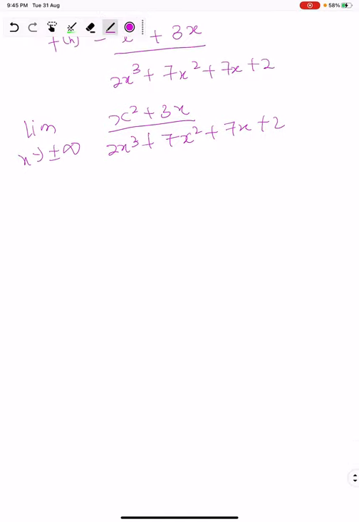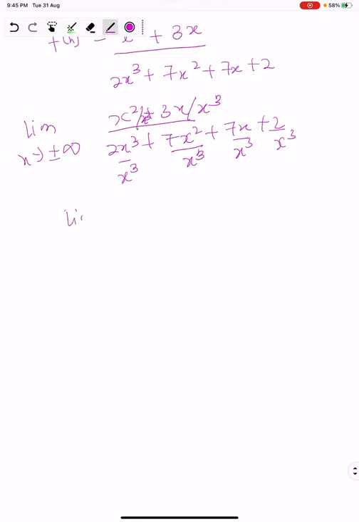So to simplify this, we divide each term by the leading term of the denominator, and the leading term is 2x cubed. So we divide here by x cubed, and here by x cubed.